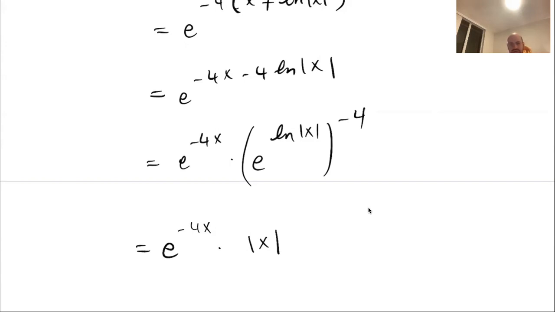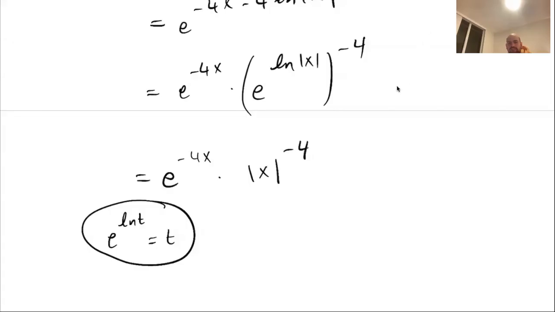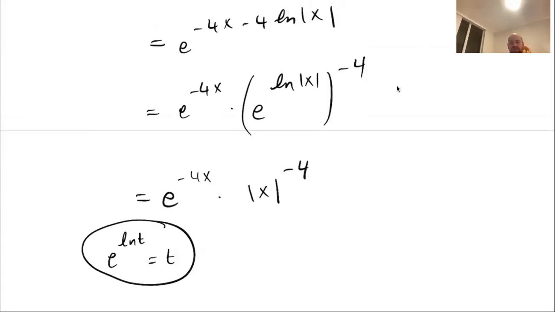It seems my screen is frozen. So this is going to be e to power minus 4x times absolute value x raised to power minus 4. The power minus 4 is from here. I rewrote it again.